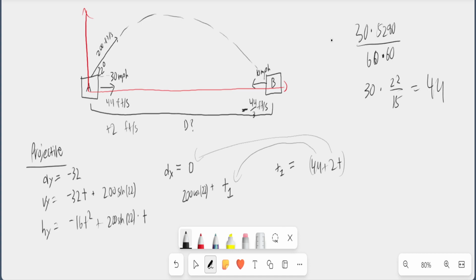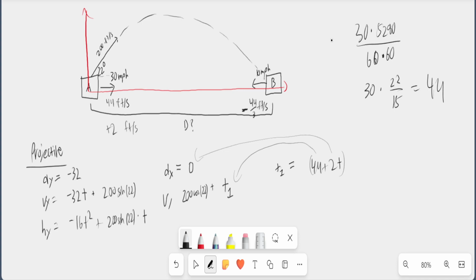We have 200 cosine 22, and we want to basically say at whatever value the car gets out, 44 plus 2t. Oh, you know what would change? We would treat this as a constant. That's the only thing that would change.